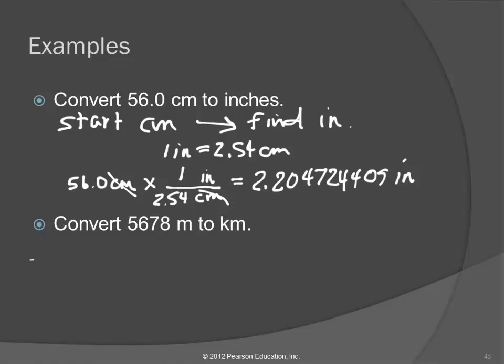Then we have to think about sig figs. How many significant figures in our starting number? 56.0. 3. How many in that unit conversion? Well, we have 1 inch and 2.54 centimeters. So I would expect an answer of either 1 or 3.